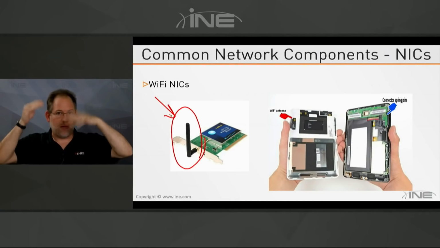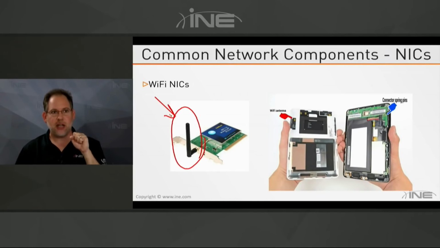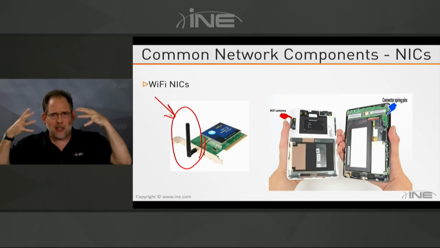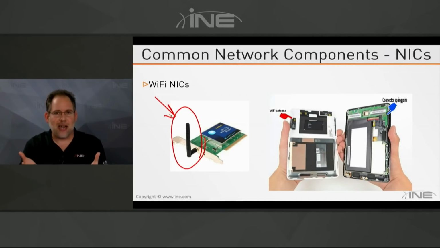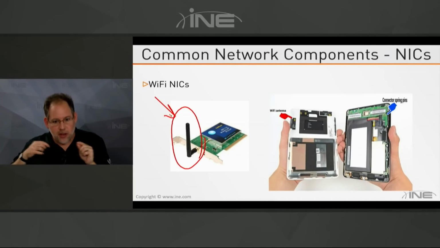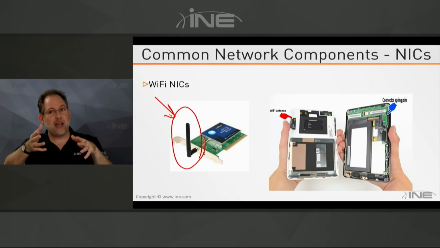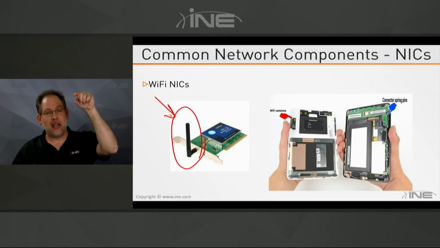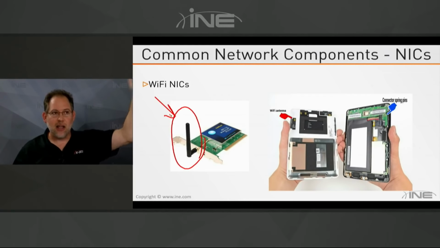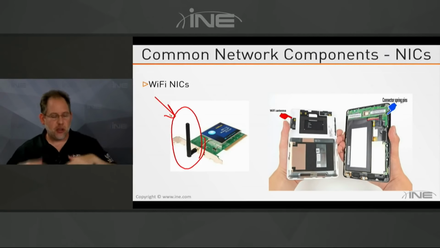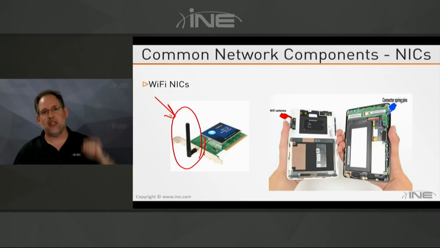So there's electrical voltage, sort of like when you stick a battery on your tongue and it shocks you. Think of that electrical energy inside your tablet, inside your smartphone, going to the Wi-Fi NIC card. At that point, the Wi-Fi NIC card puts it on the antenna, and the antenna radiates it into the air as radio frequencies. So it changes it from electrical energy on a wire into radio frequencies into the air. So Wi-Fi NIC cards have to have an antenna.